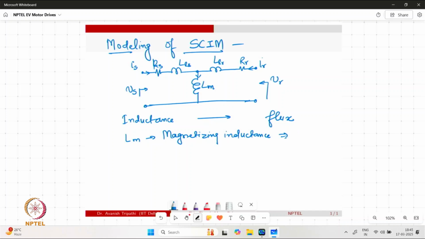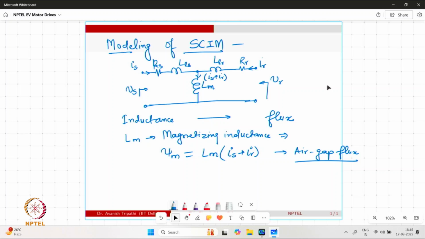So we can say that the current flowing in this branch results into air gap flux. So inductance times of the current flowing through that.